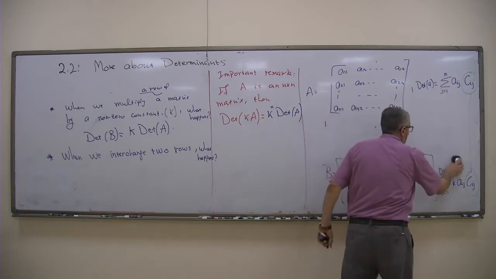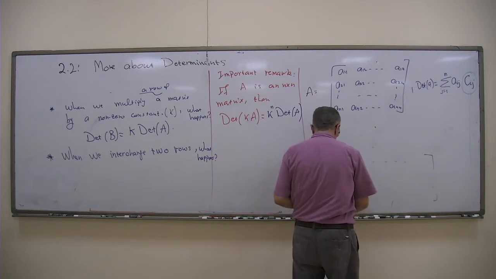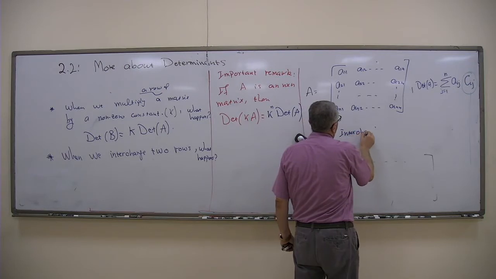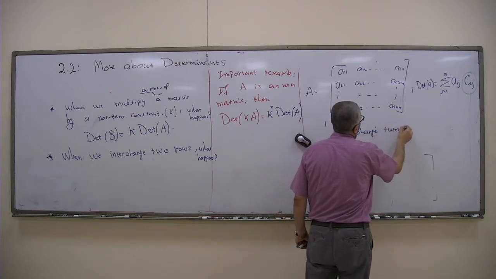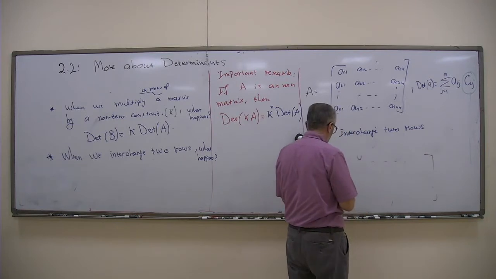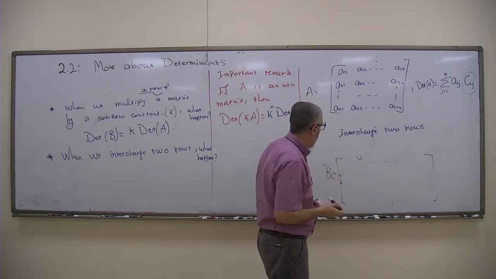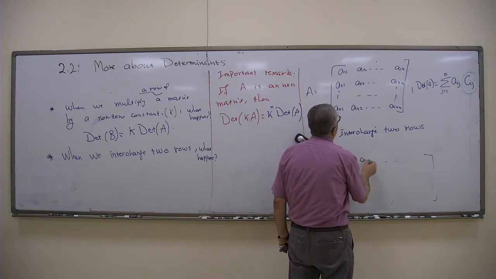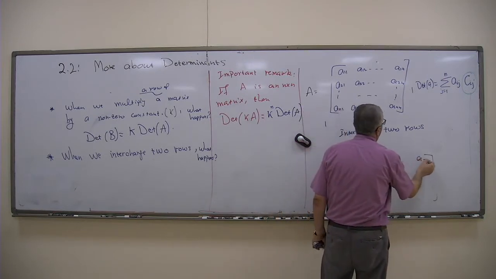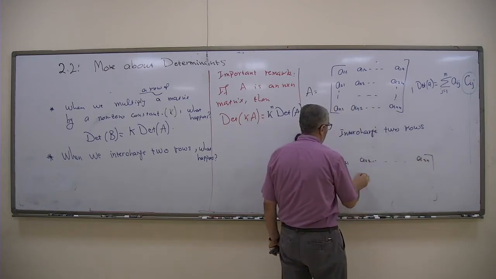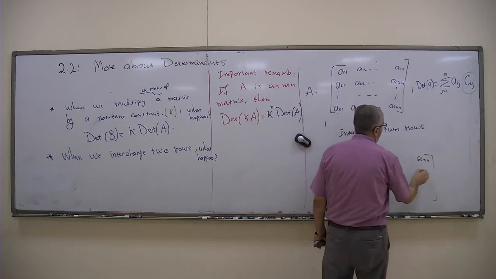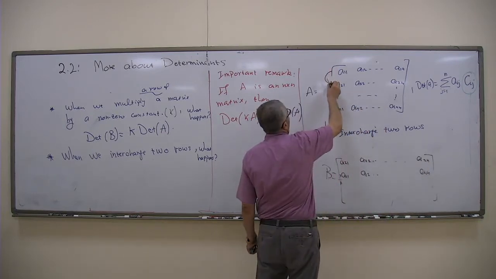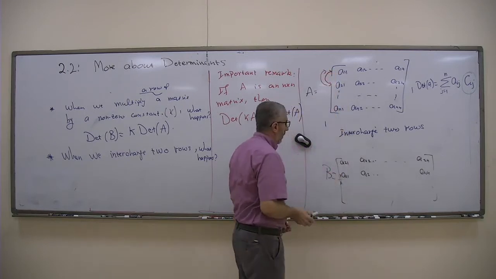I want to make it easy, just the first two rows. So this is A21, A22, and here A2n, and here A11, A12, A1n. So you can see here what happens. We interchange those two, we get B.